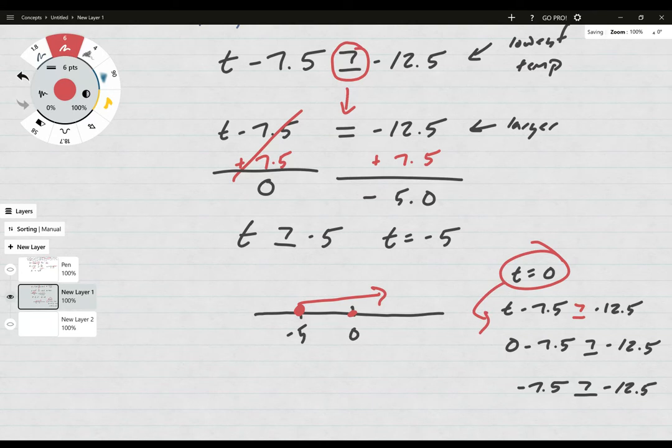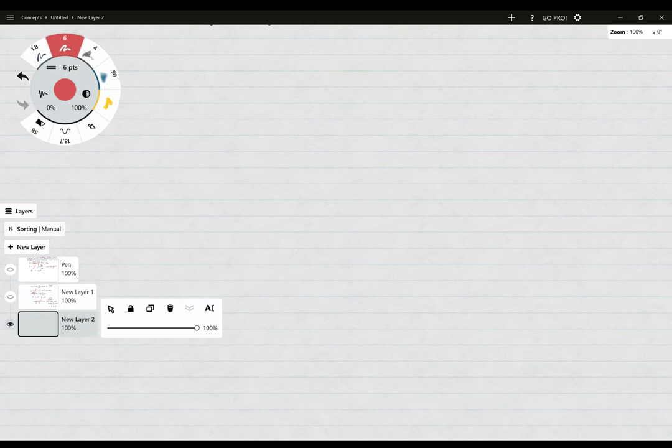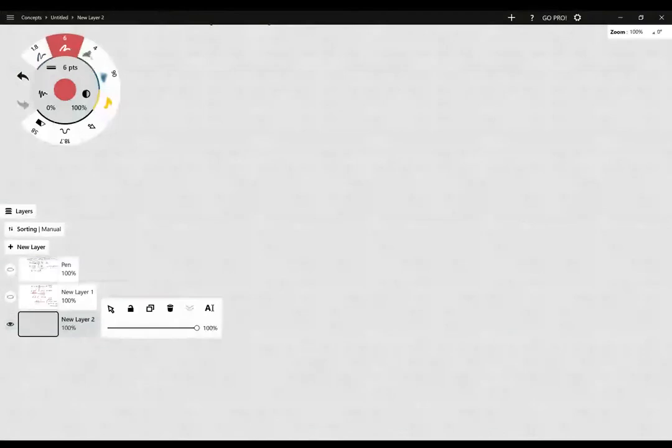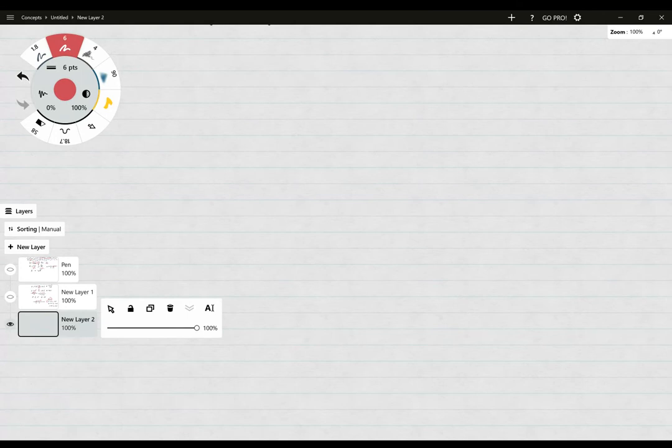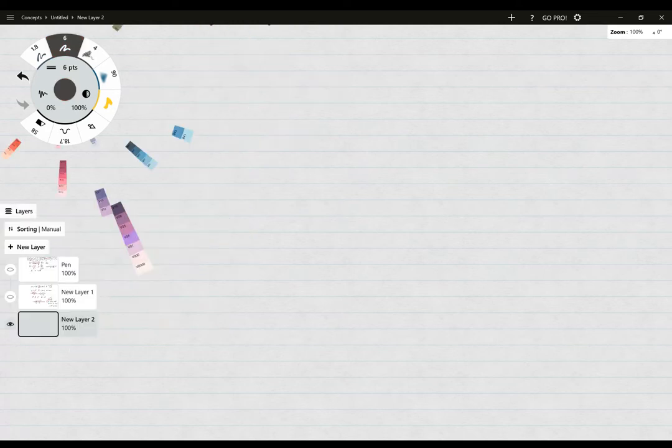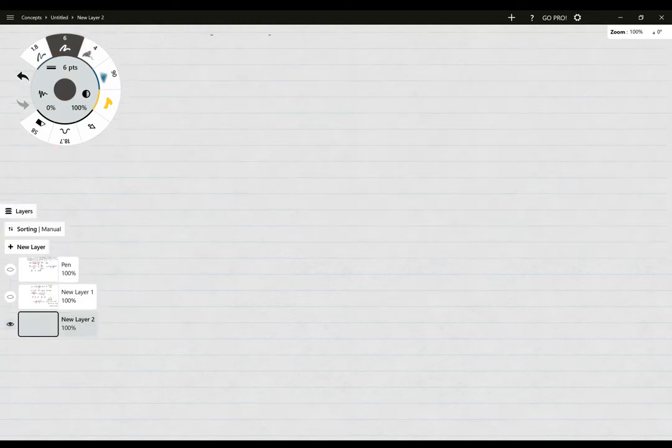We have one more to look at. So now we are just going to be solving an inequality using what we just went over.